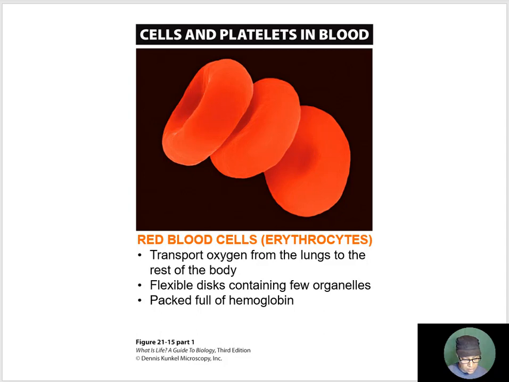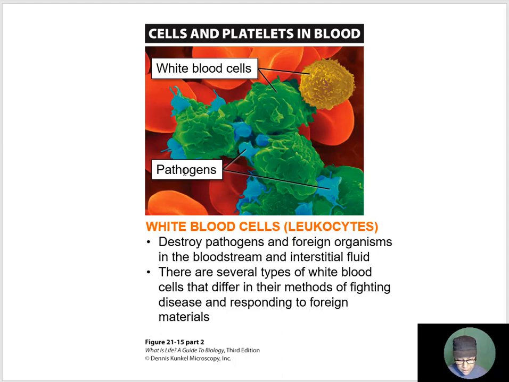That's really, really important. And so when we look at white blood cells, their scientific name is leukocytes, right? They destroy pathogens, foreign organisms in the bloodstream, and the interstitial fluid. And there's several types of white blood cells, and they differ in their methods of fighting disease and responding to foreign materials.